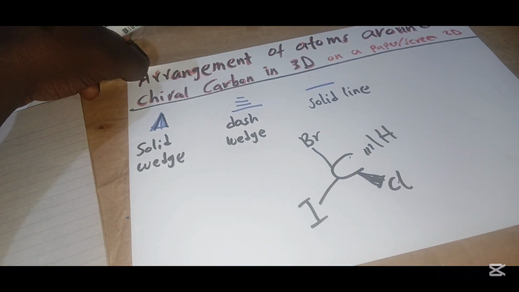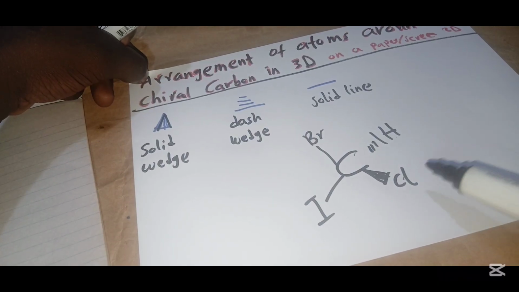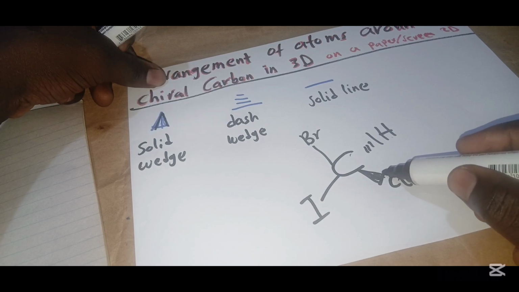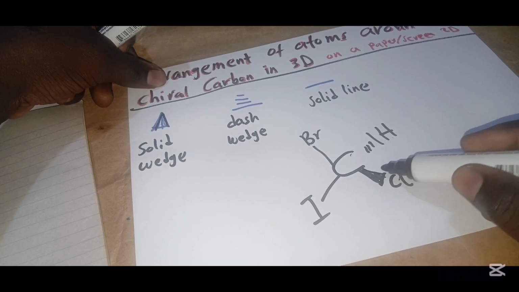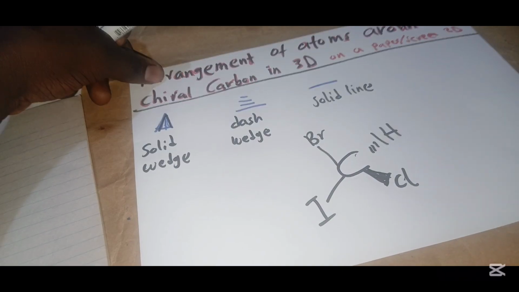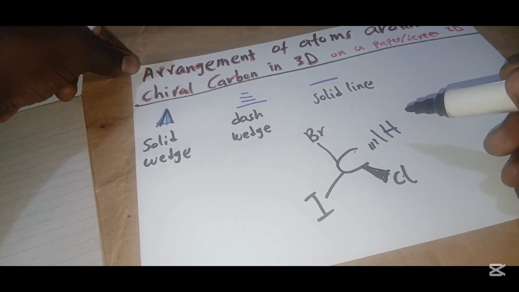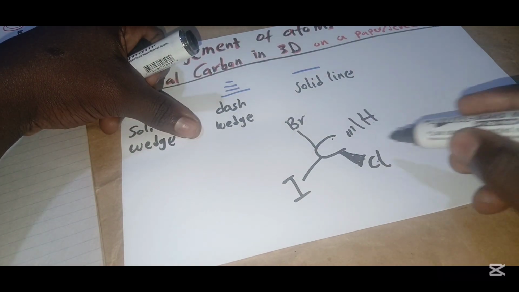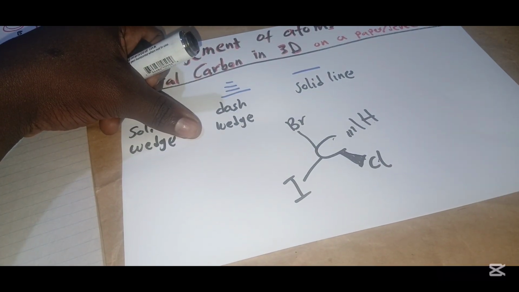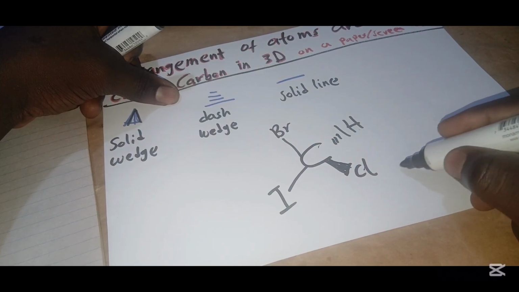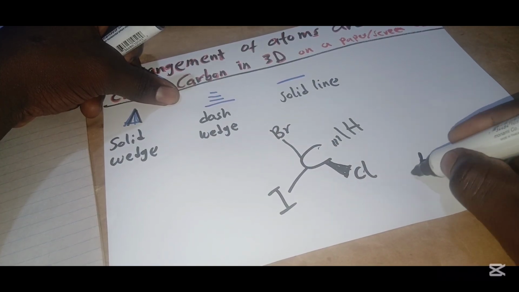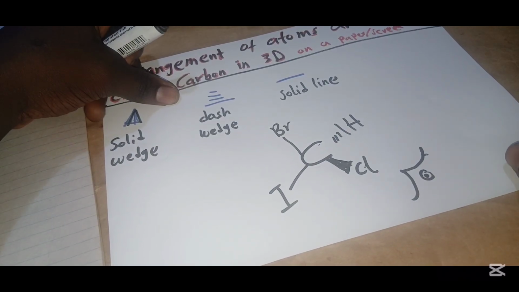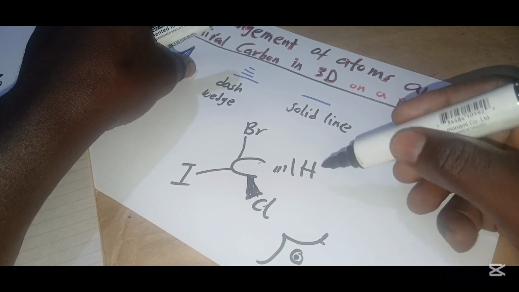Now let's look at this chiral carbon here. You could see that we have chlorine on a solid wedge, and we have hydrogen on the dash wedge. This molecule is telling us that an observer is here, observing the molecule.